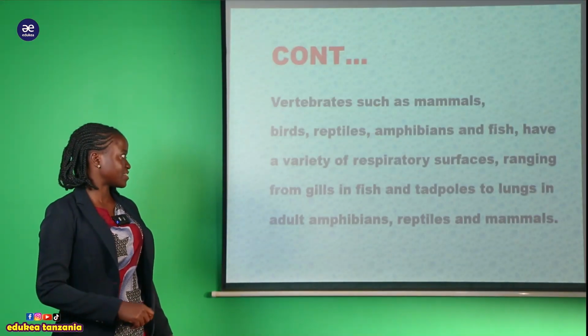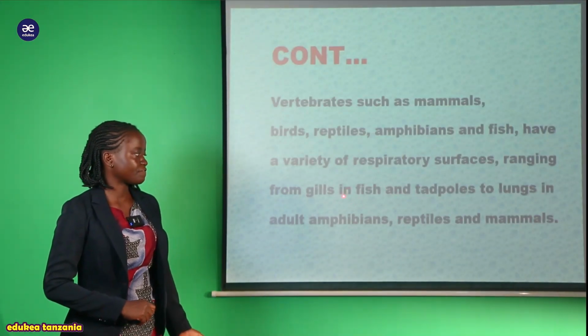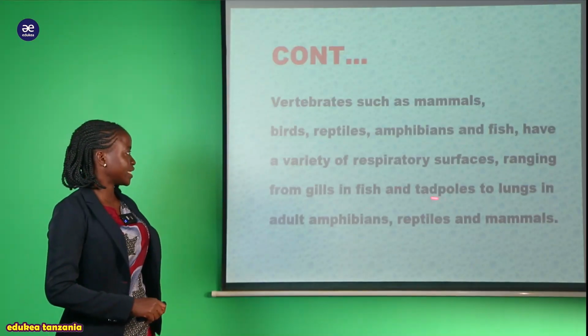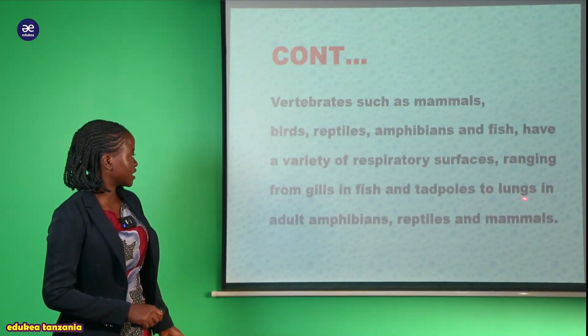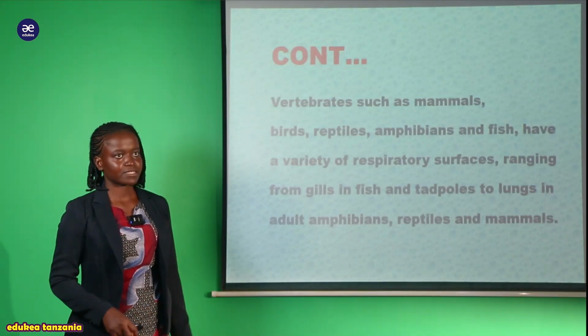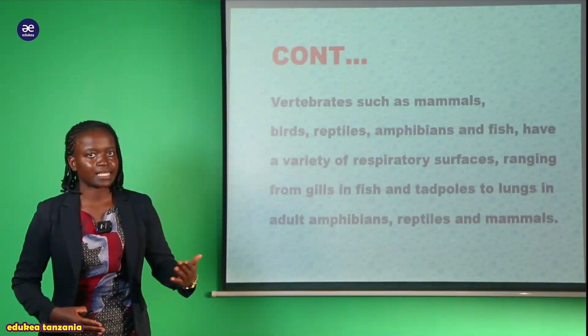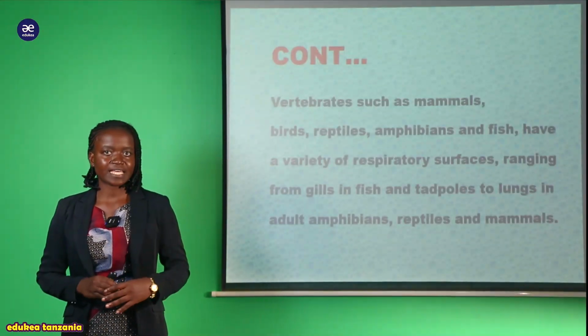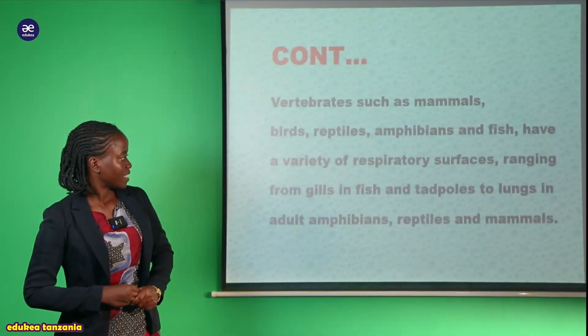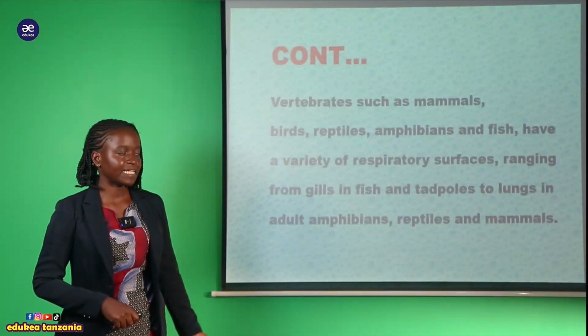So you can say they range from gills in the fish and the tadpoles, that is the amphibians and frog, to the lungs in the adult amphibians, which possess a lung. The lungs are what help the transportation of oxygen together with carbon dioxide, the same as in the reptile and the mammal.